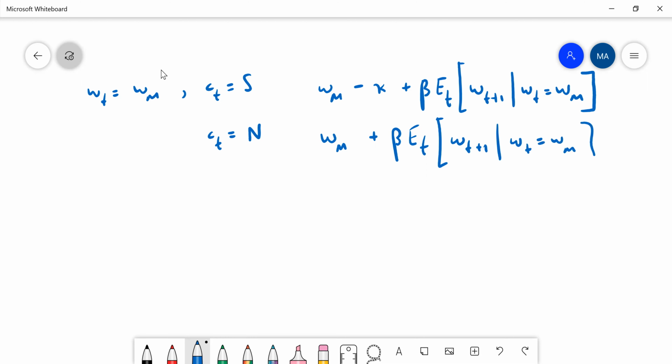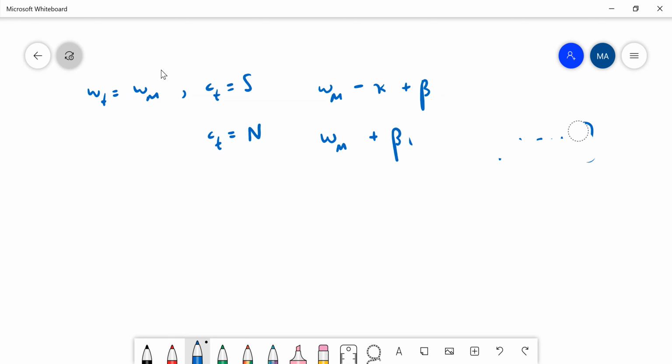Okay. Now notice that this expectation, sorry, this is wrong, right? So the correct one will be, let me show you. So this is wrong because I forgot the value function. So it will be like this.